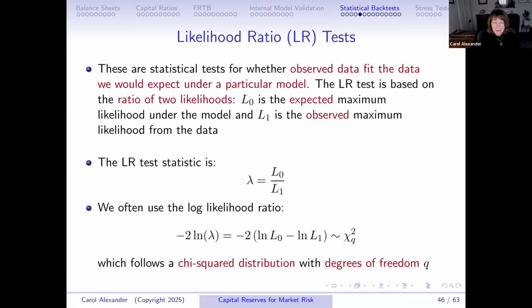And it's not just the banks that use these statistical backtests. For example, exchanges, the central counterparties, CCPs, they have to have very rigorous models for determining what the margin should be for their clients' positions. And that model is also backtested, because it's basically a VaR or ES type model.